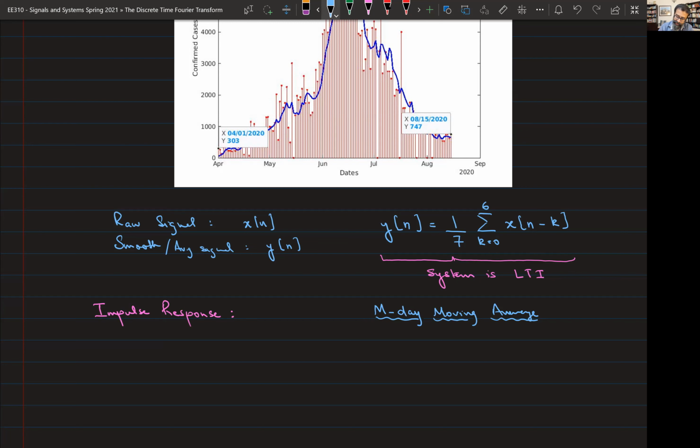And then the generalized relationship would just be y of n is equal to 1 upon m, summation k equals 0, all the way up to m minus 1, x of n minus k. Right? And for m, you could choose m equals 7, you could choose m equals 3. I mean, often in news articles, 3-day average compute kar rahe hote hain, right?